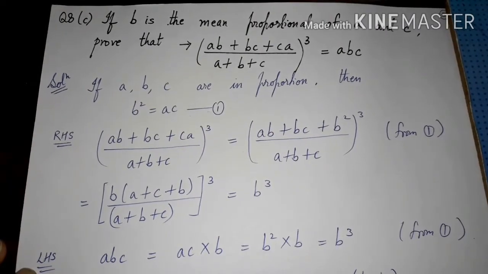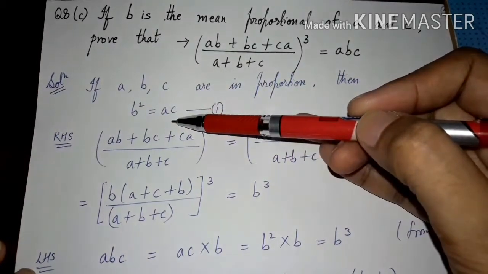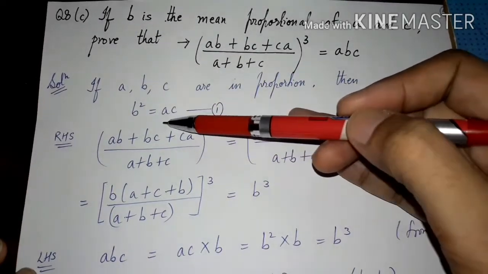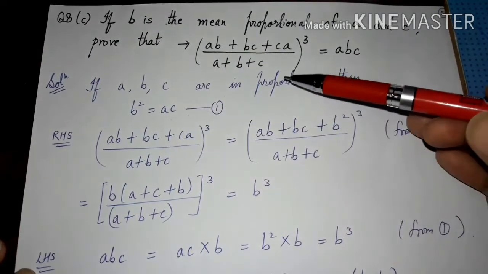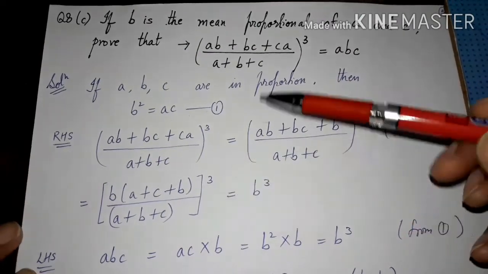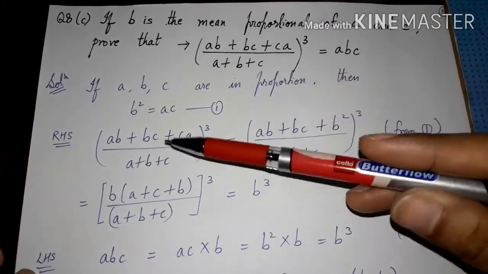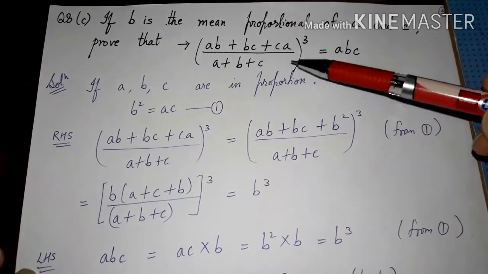This is the first relation that we have made out, that B square is equal to AC, which we are already doing since long. So there are different ways of proving it. We'll be proving it by the easiest method. Now let's see the RHS, that is the right hand side. What is on the right hand side?